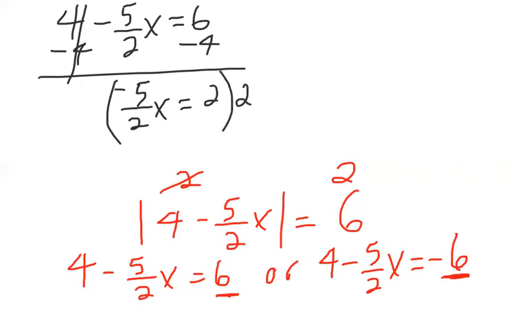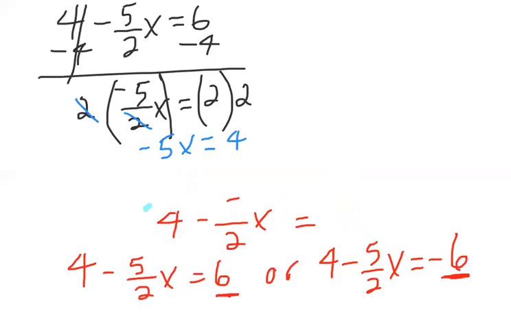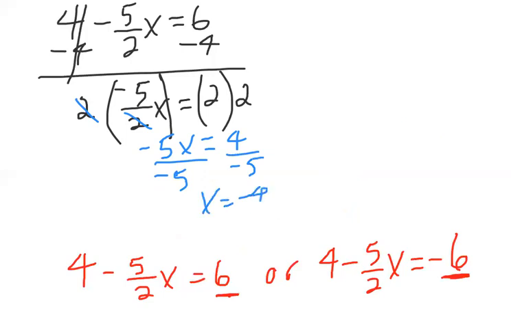Okay, like that, okay? So what ends up happening? The 2's cancel out, leaving me with negative 5x is equal to 4. And then I'm going to divide both sides by negative 5. So this simplifies to x equals negative 4/5. So this is one of the solutions, negative 4/5.